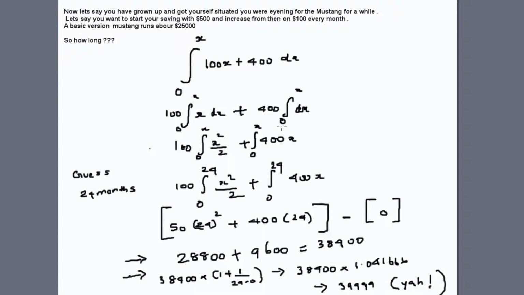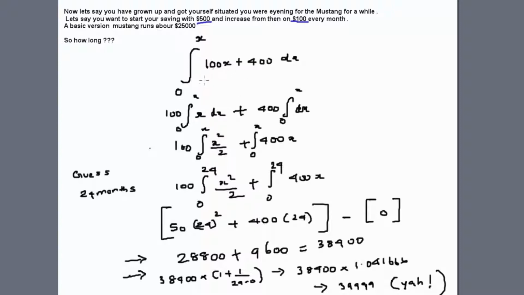Let's say you want to put the cash down and not worry about the payments, so you want to know how long you need to save. If you express this equation, starting with $500 and increasing every month by $100, it boils down to 100x plus 400. That is going to be your f of x, and your bounds are going to be 0 to x, which we do not know.